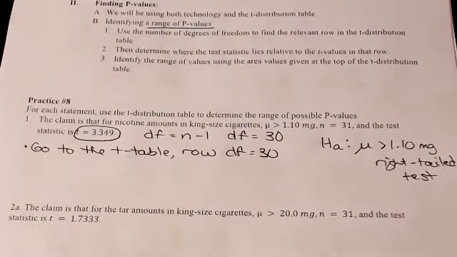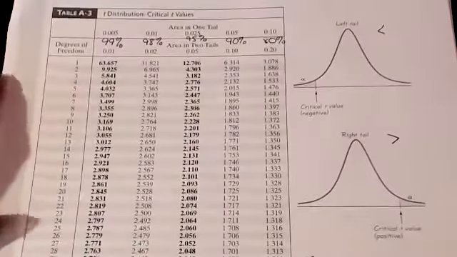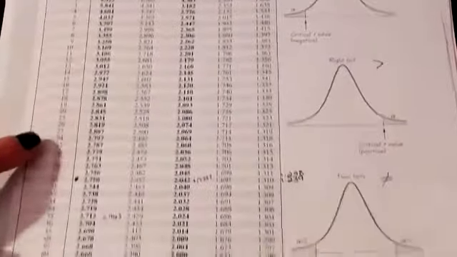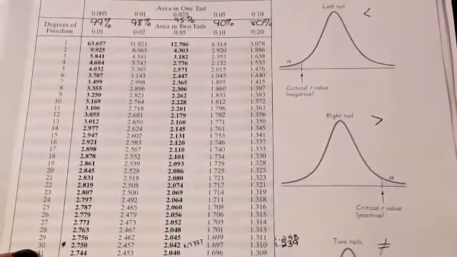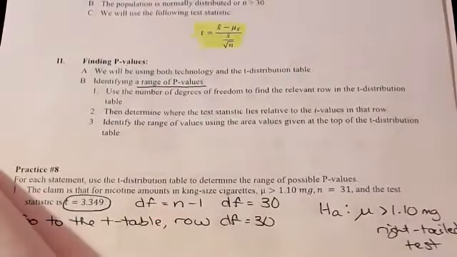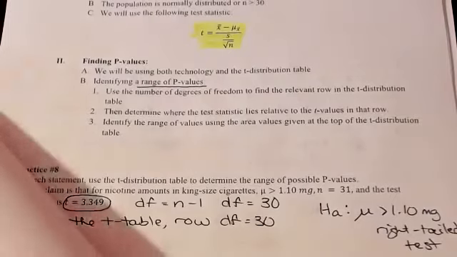So I'm going to show you what we're doing here. We're going to go to the t-table and we're going to find degrees of freedom 30. Here it is. Let me move this down. We were given our test statistic. Let me show that to you again. Your test statistic, your t-value, is 3.349.